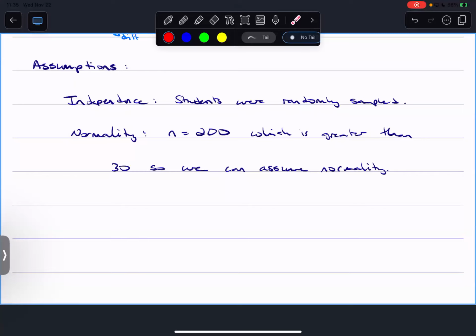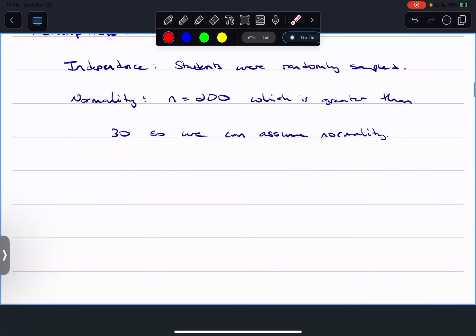If you can't justify it by being larger than 30, then you have to say, here's one of the assumptions that I'm making. I'm going to keep going, but I am assuming that it follows a normal distribution, or looks approximately normal. So, good. Now we're ready for our hypothesis test.